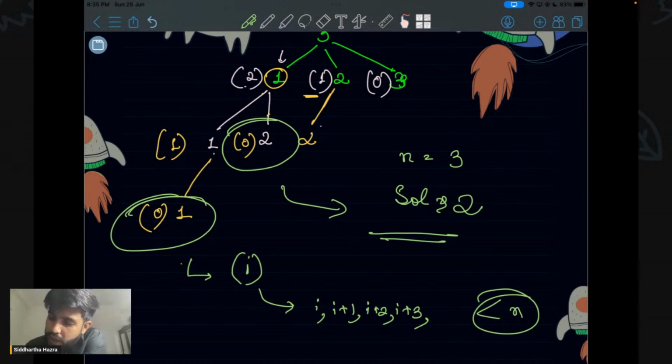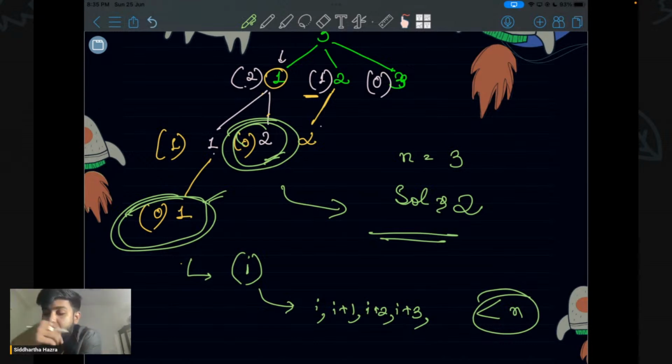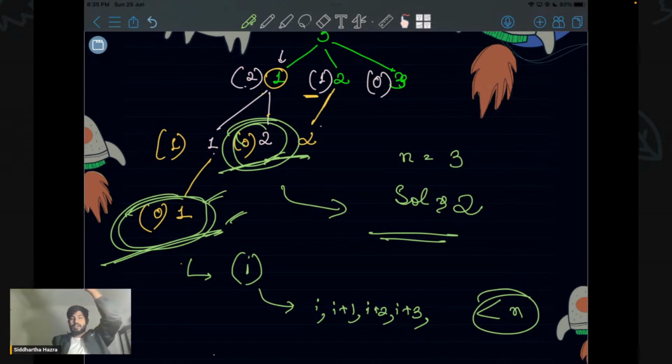We just found out how many ways led us to the value 0. This means we have consumed everything. So in the same manner, when we reach the value 0, we count it to the answer, that is, return 1. Think of this branch: it ended at 0, everything is consumed, so this would return 1. This branch also ended at 0, so this would return 1.